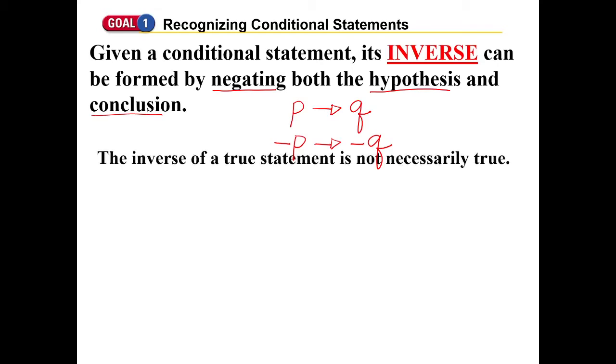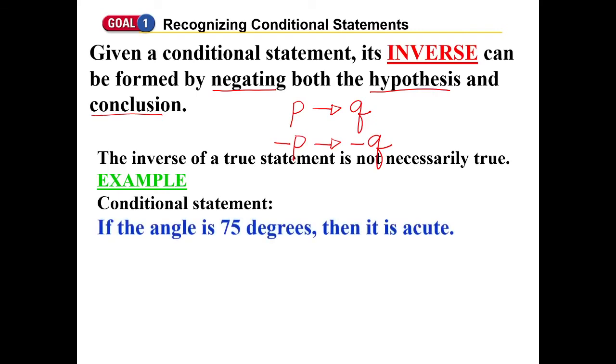Let's have this example. The inverse of a true statement is not necessarily true. Take note of that. For example, let's have this statement. If the angle is 75 degrees, then it is acute. What is the inverse of this conditional?